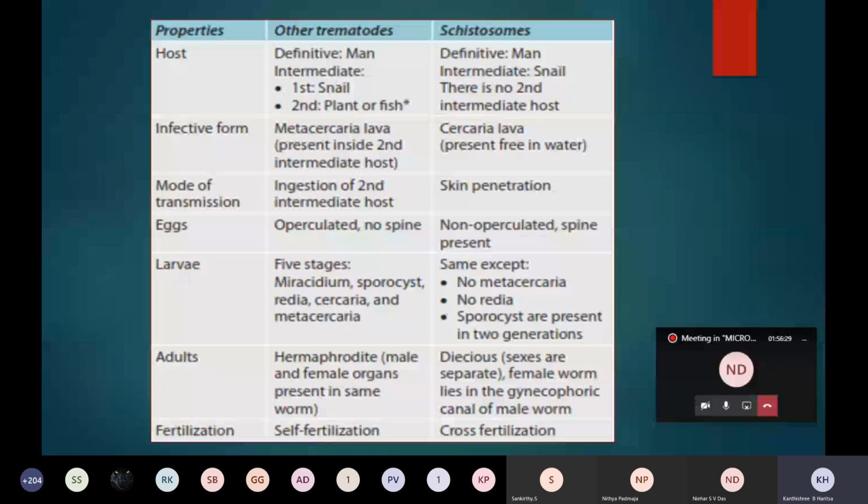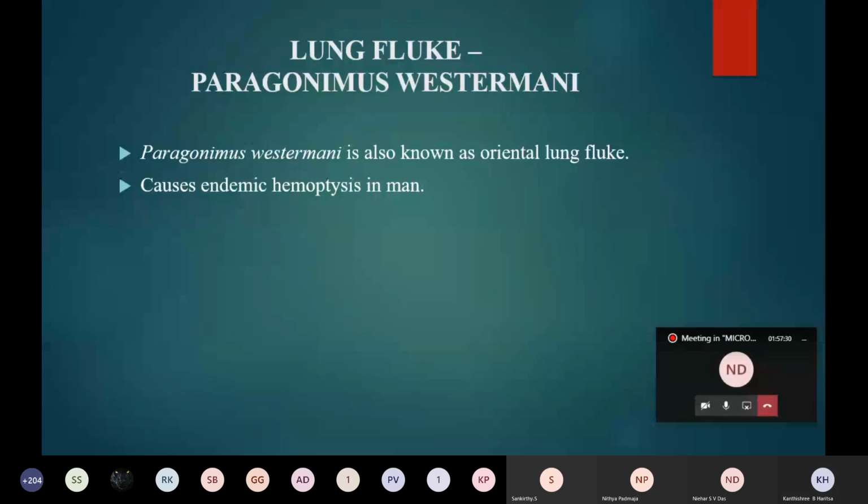Fertilization is self-fertilization in other trematodes, whereas in schistosomes it is cross-fertilization. So that was about the general characteristics of trematodes.